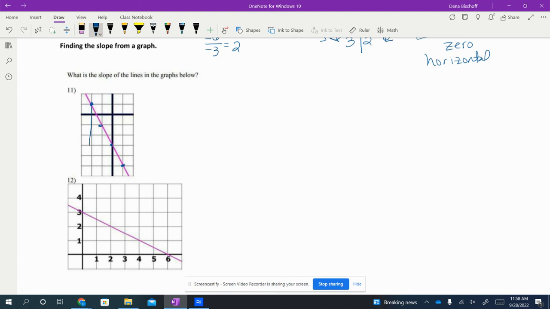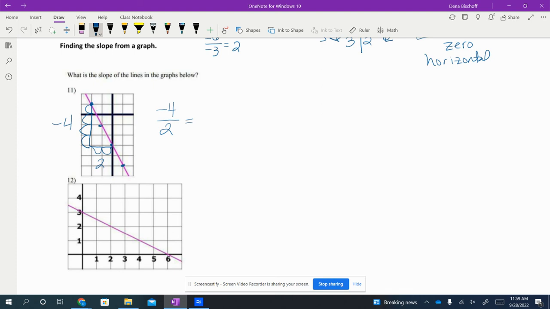So I'm going to go down and to the right. How much do I go down? 1, 2, 3, 4. Because I'm going down, it's negative. And then I'm going to go to the right. 1, 2. So my rise is -4 and my run is 2.